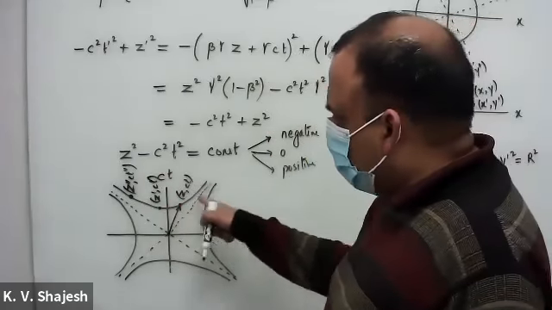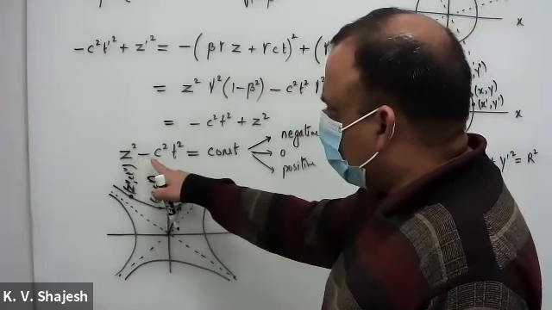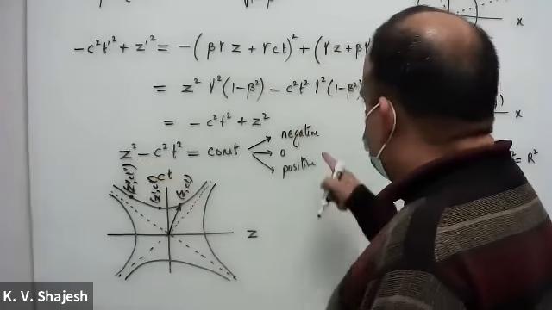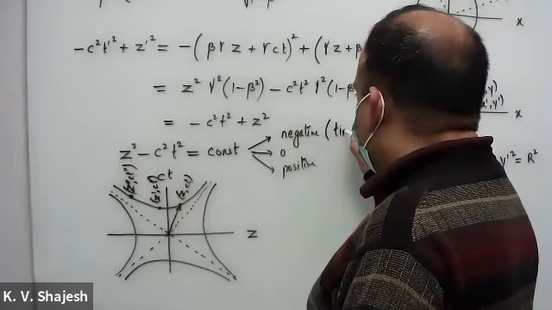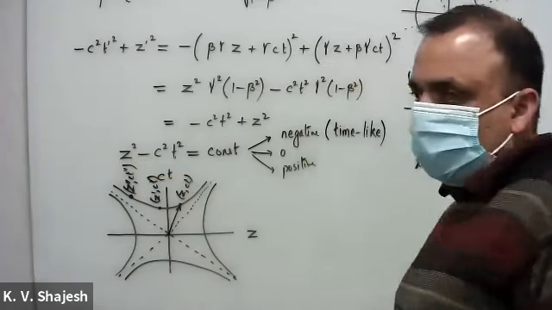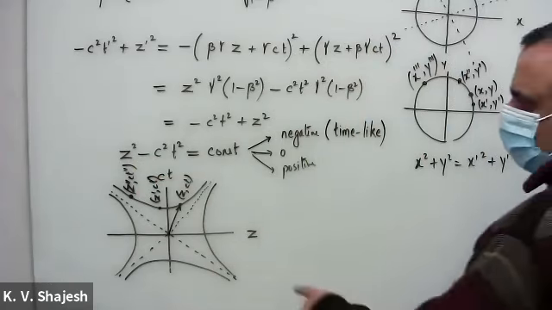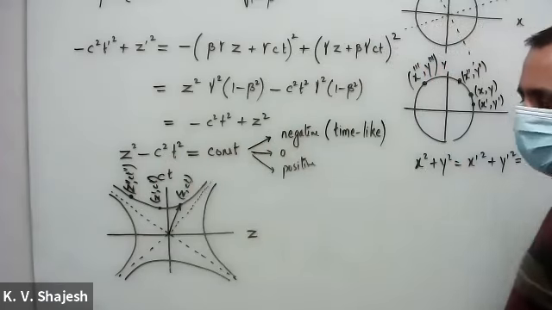So everywhere on this cone on the top, z is less. If z is less, that means it is negative. So whenever it is negative, this is called a time-like vector. That's a definition. That's because if it is negative, that means time dominates. So it is a time-like vector.